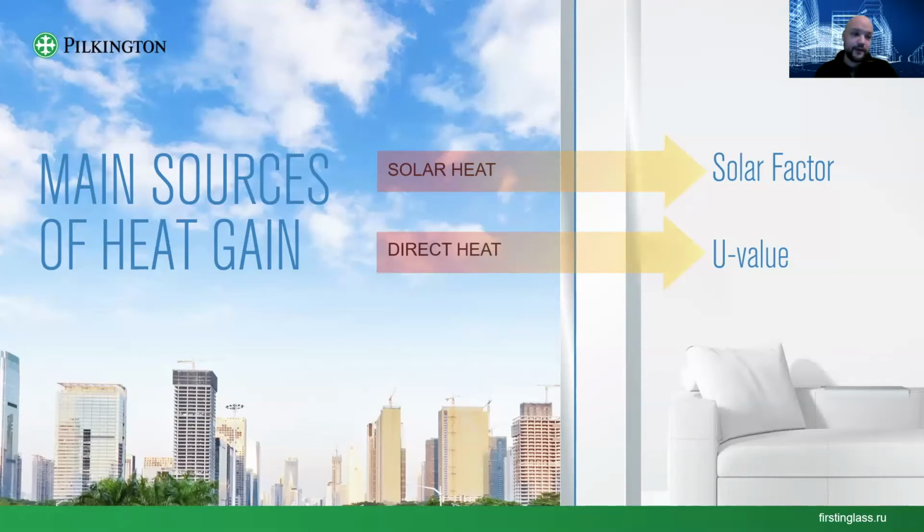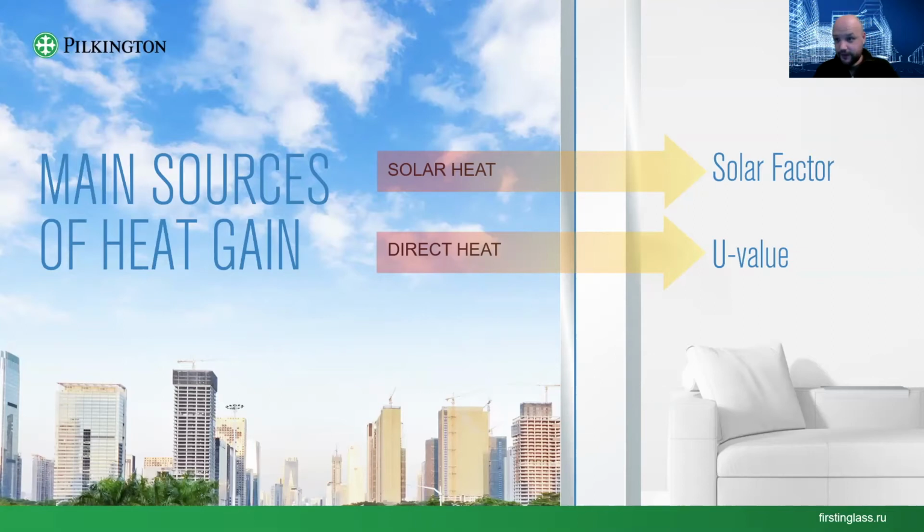For example, if the facade of your building is facing north, you will rarely see the sun there. But if you have plus 40 outside, that means that the heat from the hot air will be going inside your building, not with the sun, but through direct transmission. And again, to fight against that, you need a U value.